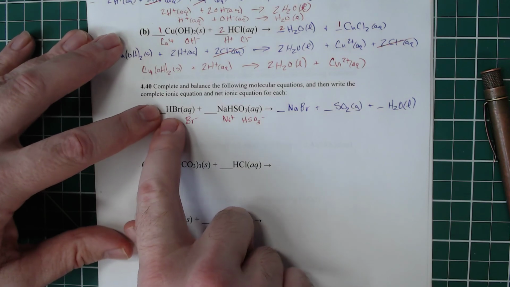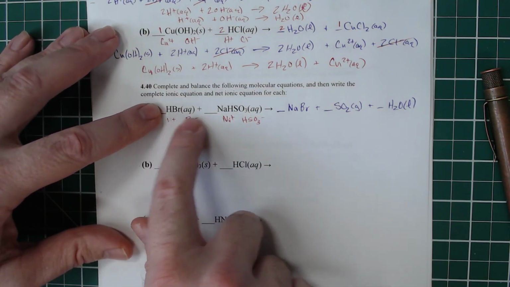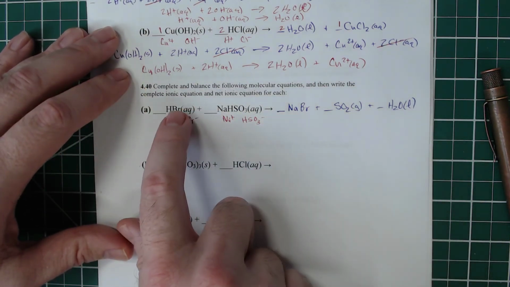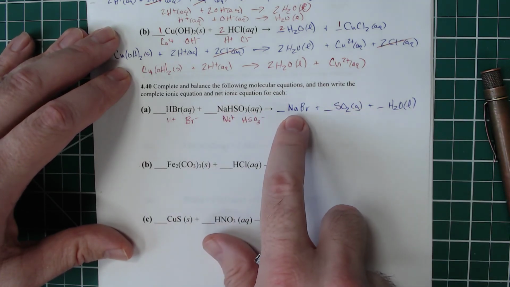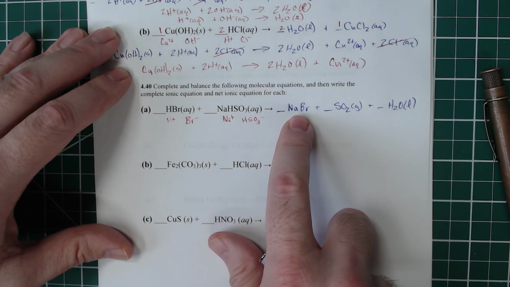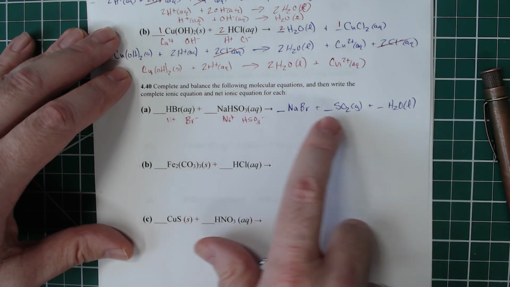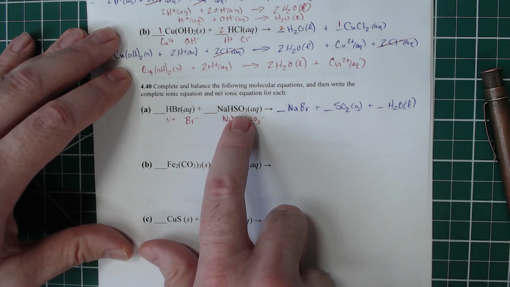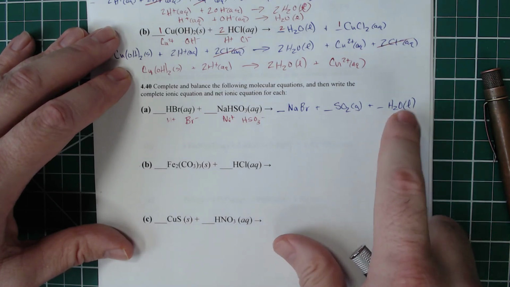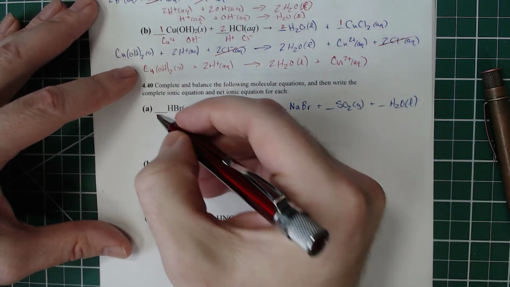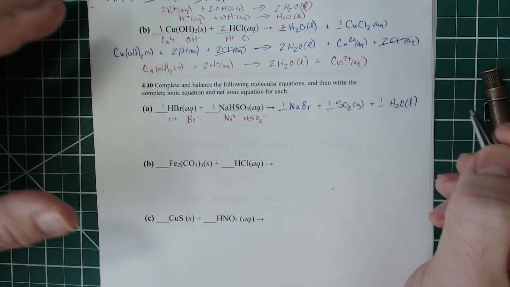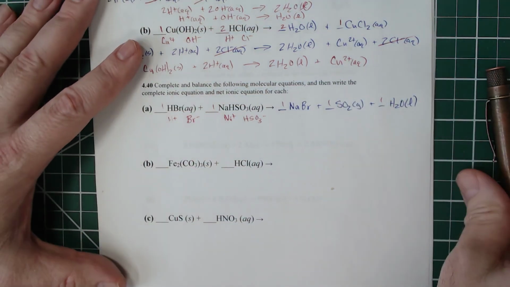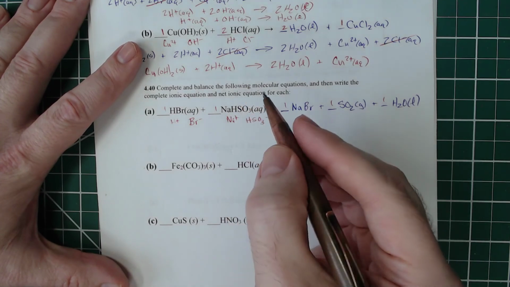We've got two hydrogens here, two hydrogens there, one bromine, one sodium, one sulfur, and three oxygens and three oxygens there. So all of these have a coefficient of 1. I point that out because we usually balance these before we move on.